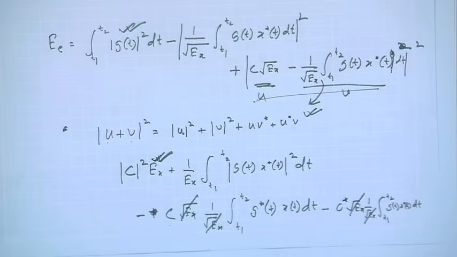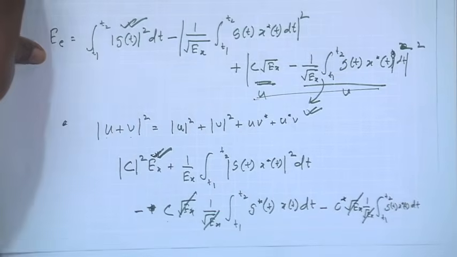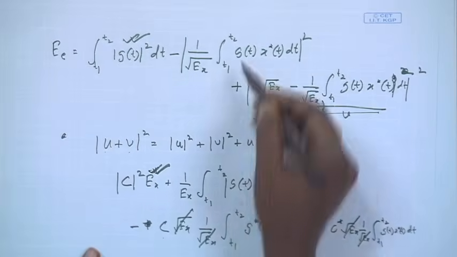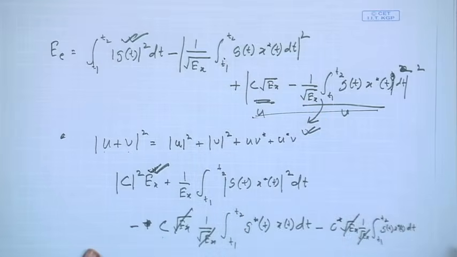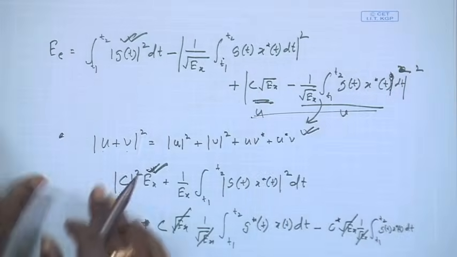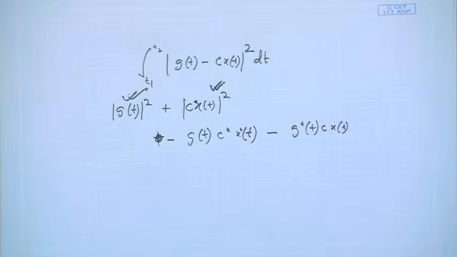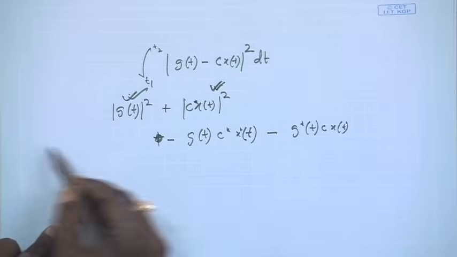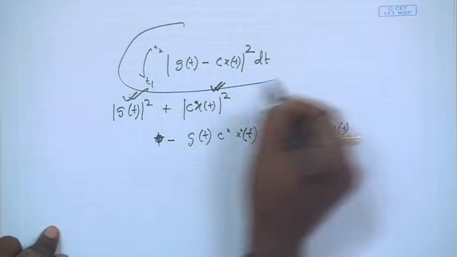So, this term is matching, the next term is matching, this particular term gets cancelled and the other two terms are already there, right. So, this representation is exactly the representation. If you just do it yourself, you will see that it is exactly the representation of this one.